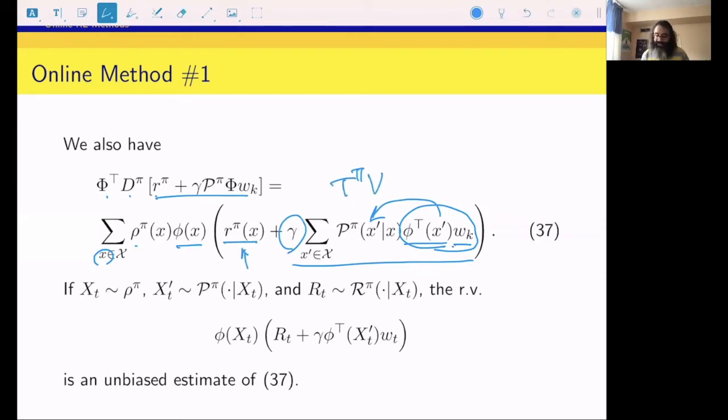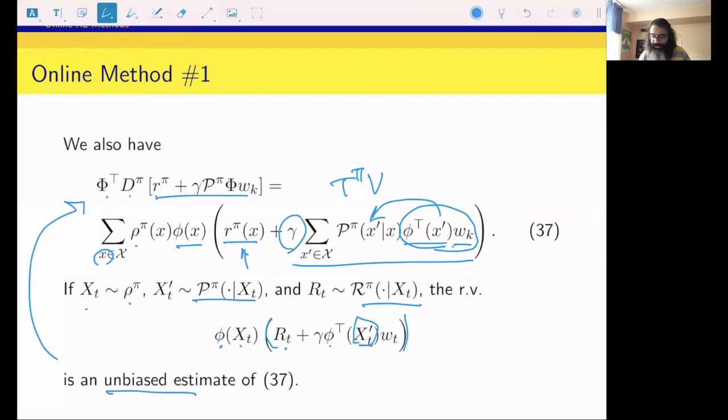So if x_t is coming from rho_pi and x_t prime is coming from the next states, and the same for the reward, then the random variable constructed as phi of x_t times the whole parenthesis of r_t plus gamma phi transpose of x_t prime times w would be an unbiased estimate of what we have above.